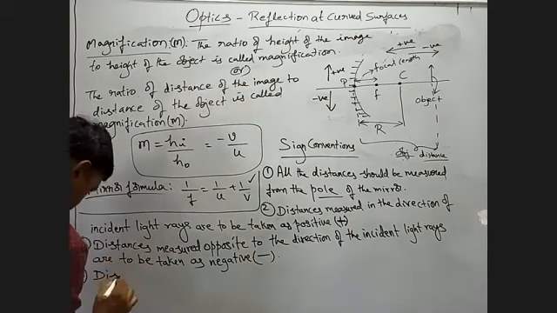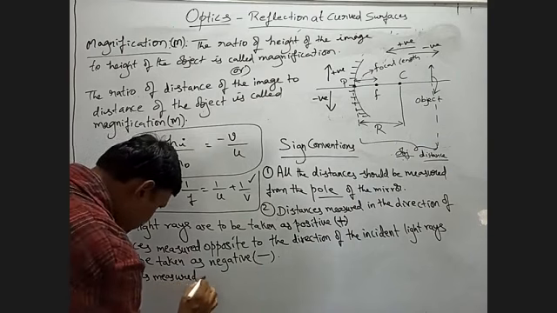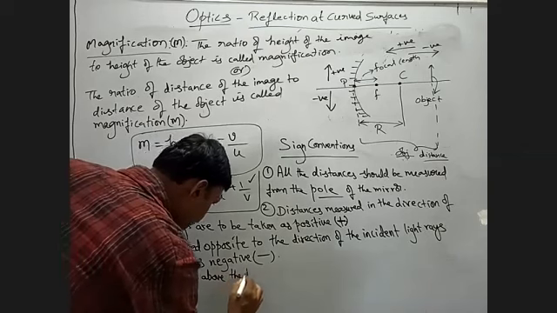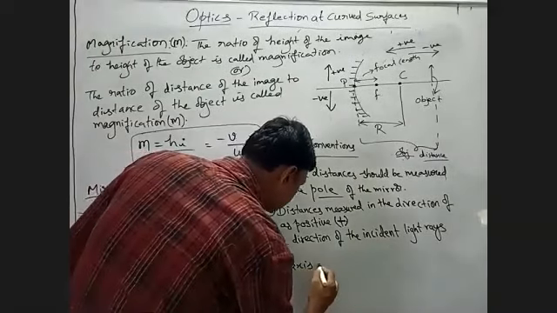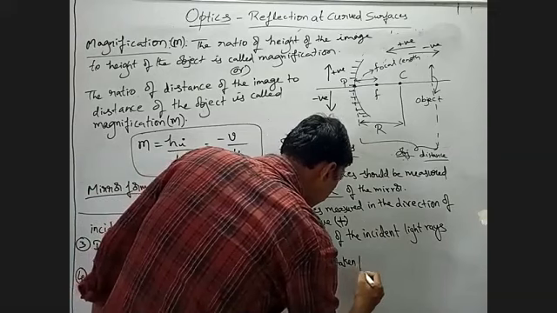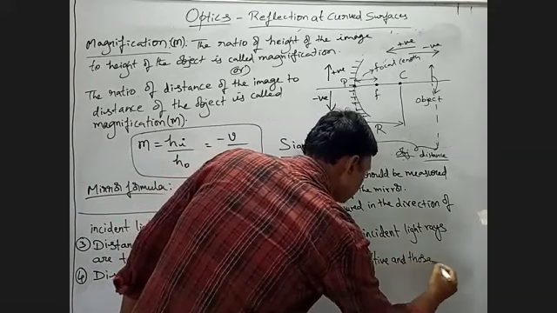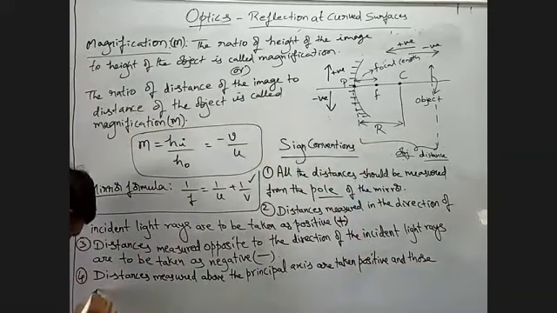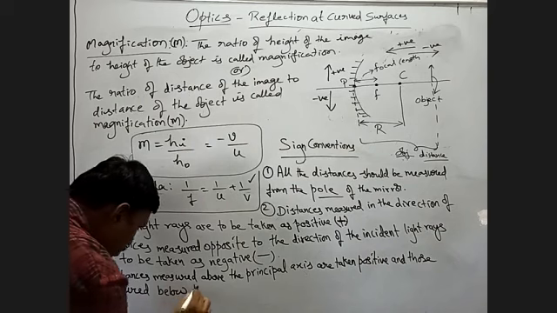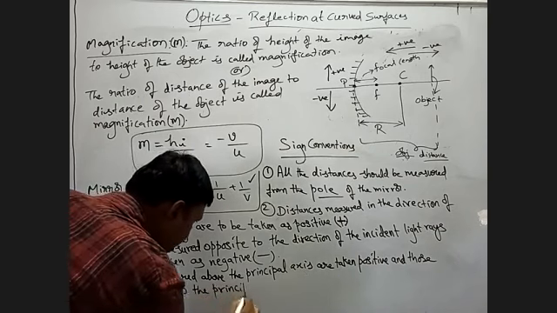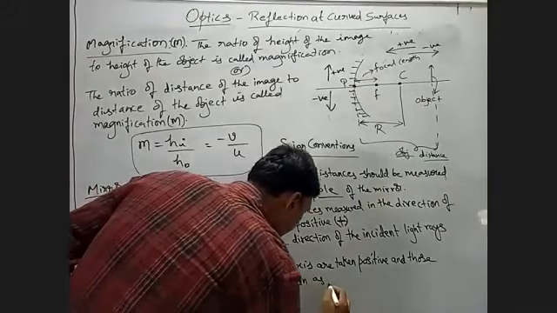Distances measured above the principal axis are taken positive, and those measured below the principal axis are taken as negative.